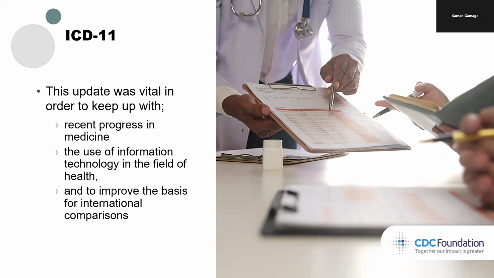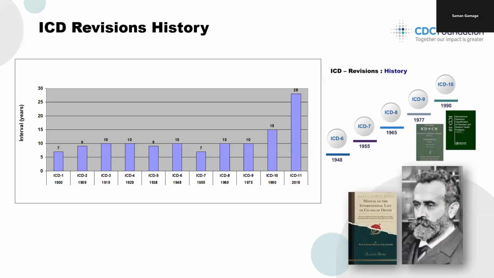As we have discussed now, the evolution of ICD is shown in this graph from ICD-1 to ICD-11. And ICD-11 was introduced in 2018 after using ICD-10 for 28 years.